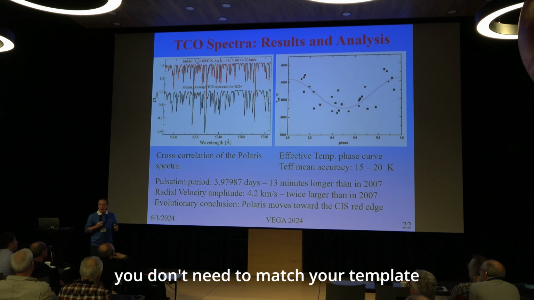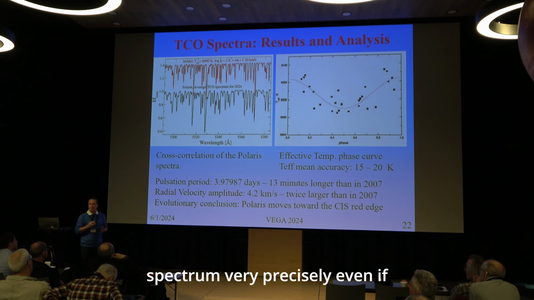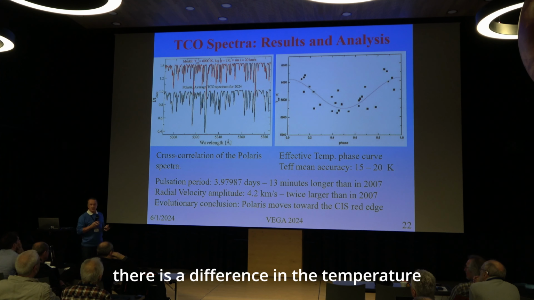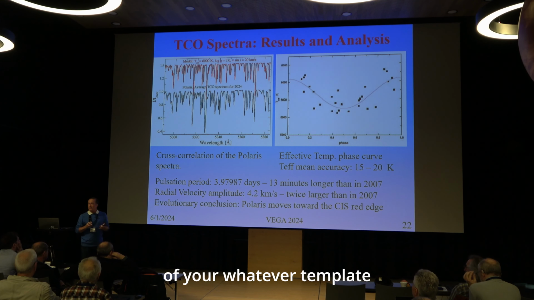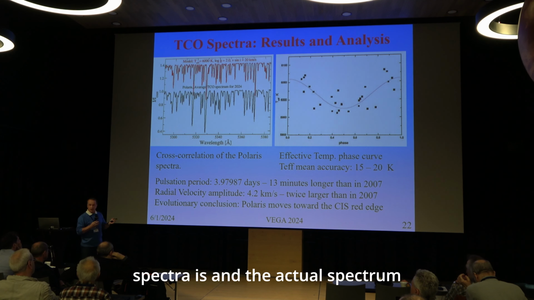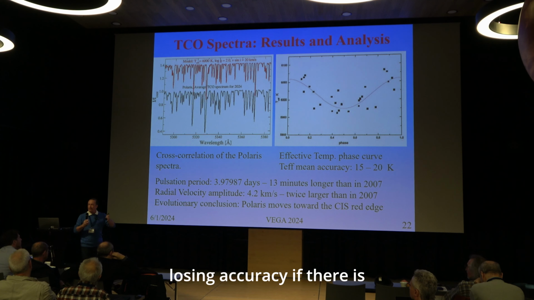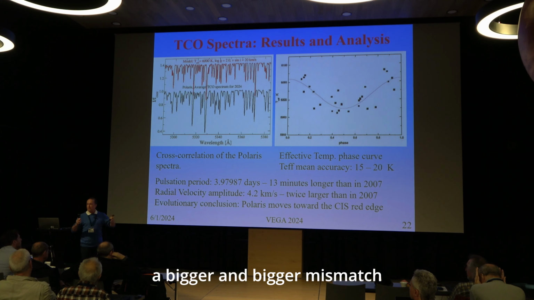And by the way, you don't need to match your template spectrum with the observed spectrum very precisely. Even if there is a difference in the temperature of your template spectrum and the actual spectrum of the star you study, you will just be losing accuracy, lower and lower, if there is a bigger and bigger mismatch.